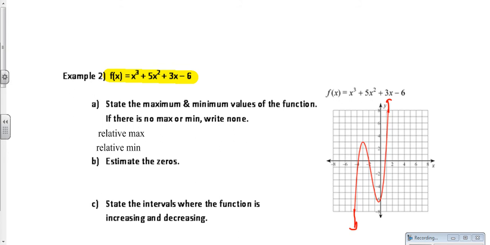So even though it goes on forever, up and down, we can say that right here there is a relative maximum, and that would be at, let's see, -3, +3. So a relative max at 3, that's what the y value would be, and a relative min down here, I'm going to approximate that, we'll say at about -6.